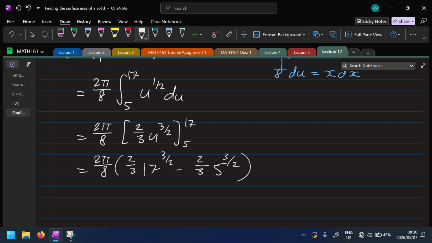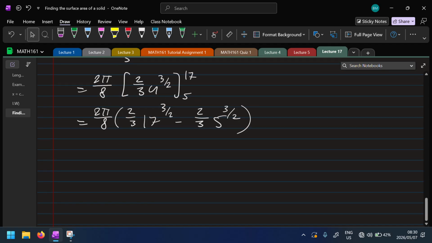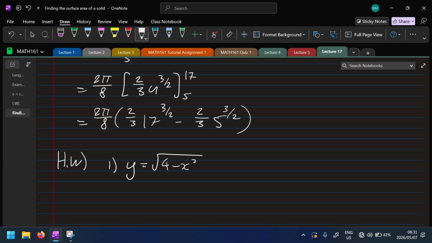Okay. Any questions for this example? You're all good. Okay. I've got 2 homework problems for you to try. Okay, so number 1. So I'll give you the curve. You need to find the surface area. So we have y equals root 4 minus x squared from -1 to 1, rotated around the x-axis.